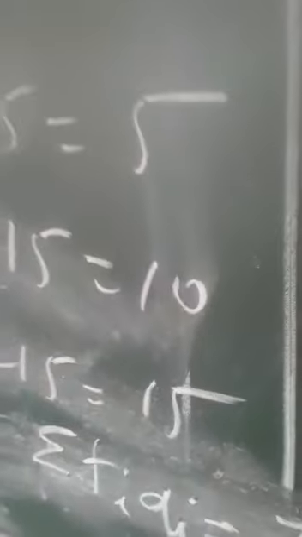Now we have obtained all di, that is xi minus a. We have subtracted the assumed mean from each term, and thus we have obtained d1 as minus 10, d2 minus 5, d3 0, d4 5, d5 10, and d6 15.